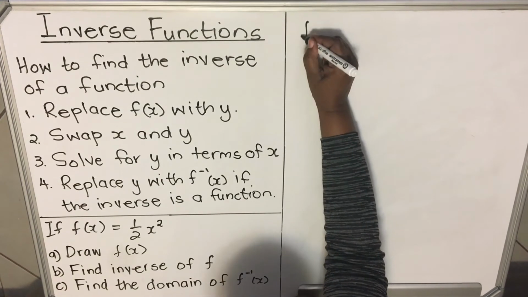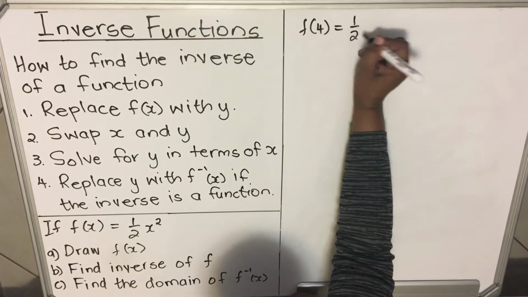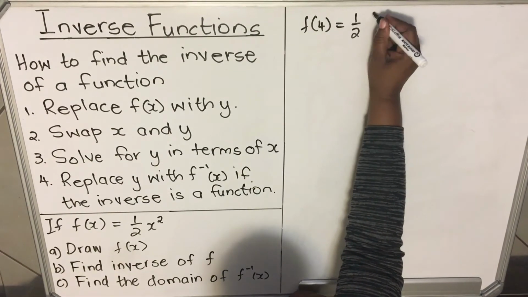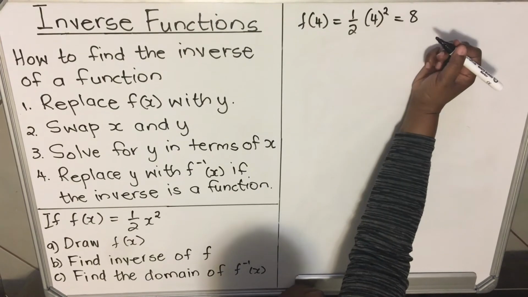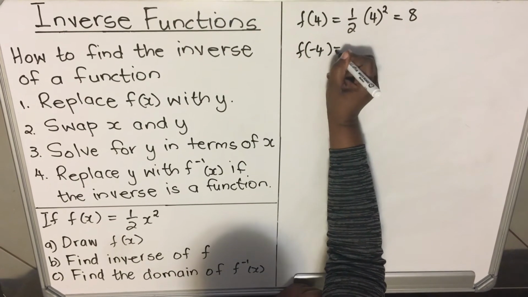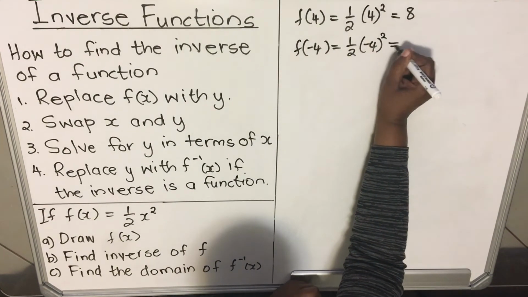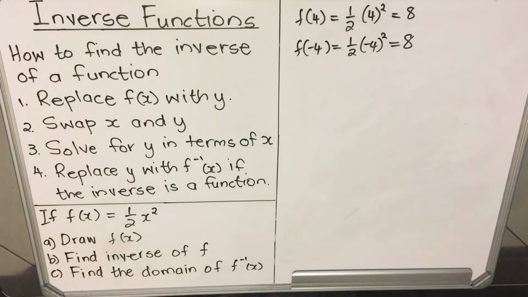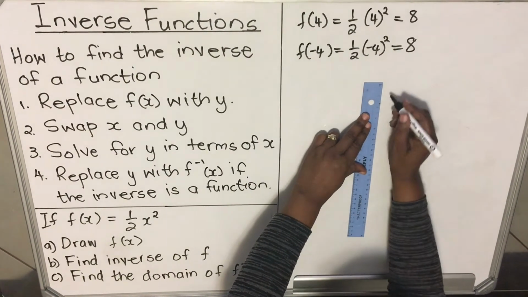I'm going to change it so that when my x is 4, I'm going to have 4 squared and my y will be 8. If my x is minus 4, I'm going to have 1 over 2 times minus 4 squared. My y is still going to be 8. So let me draw the function.